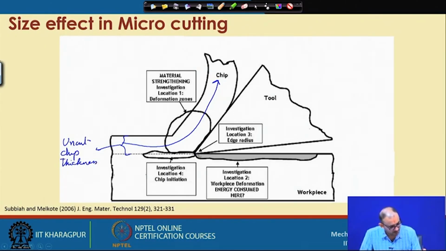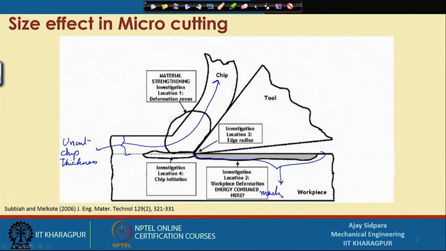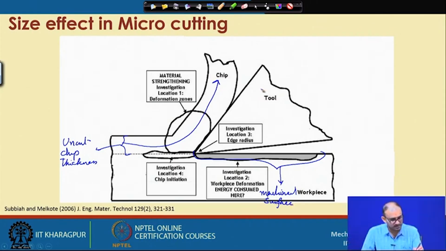And this particular part is called the machined surface. Right, and this is the tool, and this is the chip.